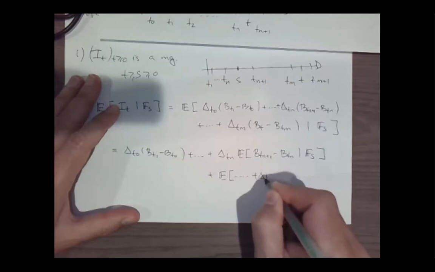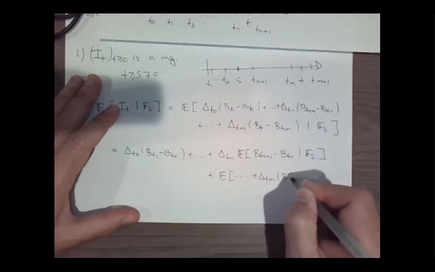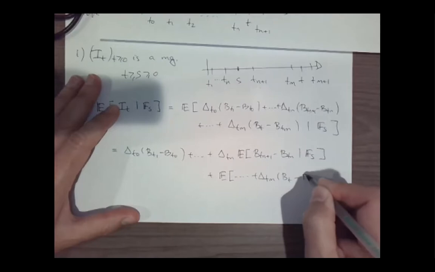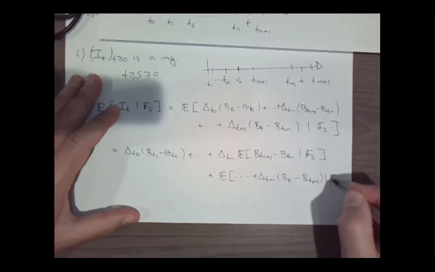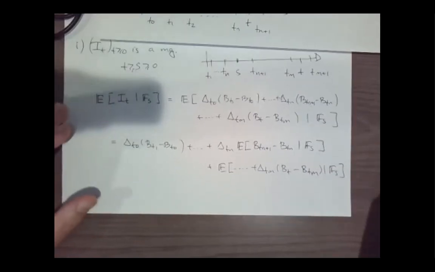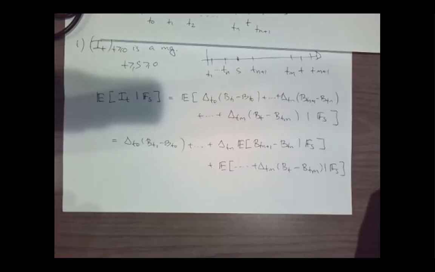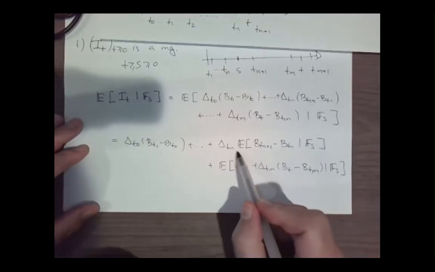And plus this delta Tm, Bt minus Btm, given Fs. Okay, so what do we have left? What about this part here? What does he become?